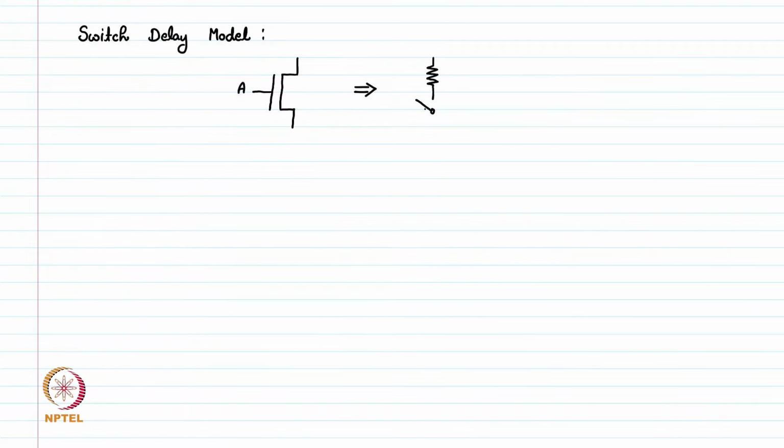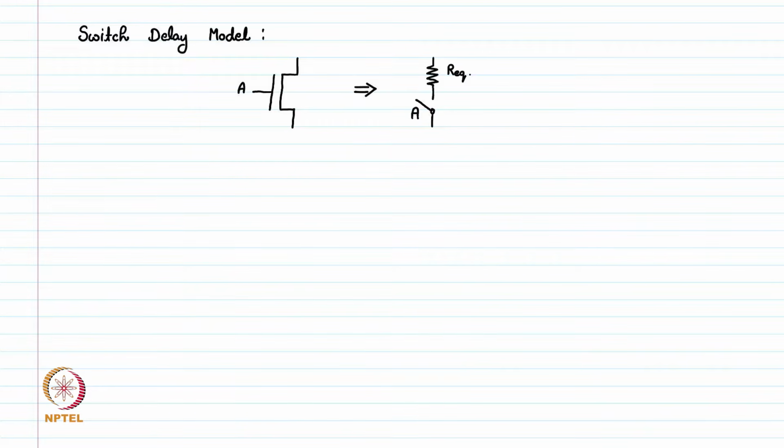This switch is an ideal switch which can turn on and off with no resistance of the switch itself. This switch is dependent on the input A. So now we have an ideal switch in this delay model and the resistance, which is the source to drain resistance, or the R equivalent of this MOSFET. This is the equivalent model of a MOSFET we are assuming.